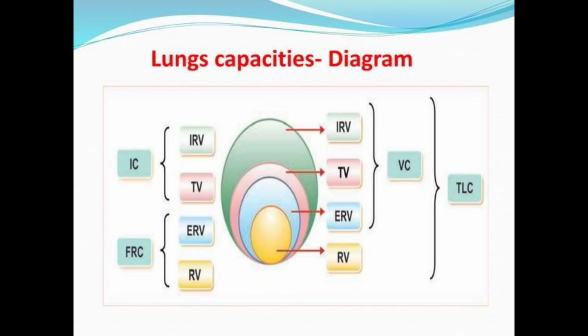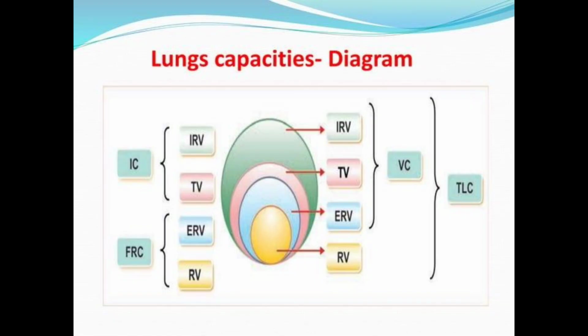So you can easily understand this through the lung capacity diagram. From the left side, I start. Inspiratory capacity is IRV plus TV. Functional residual capacity is the residual volume plus expiratory reserve volume.